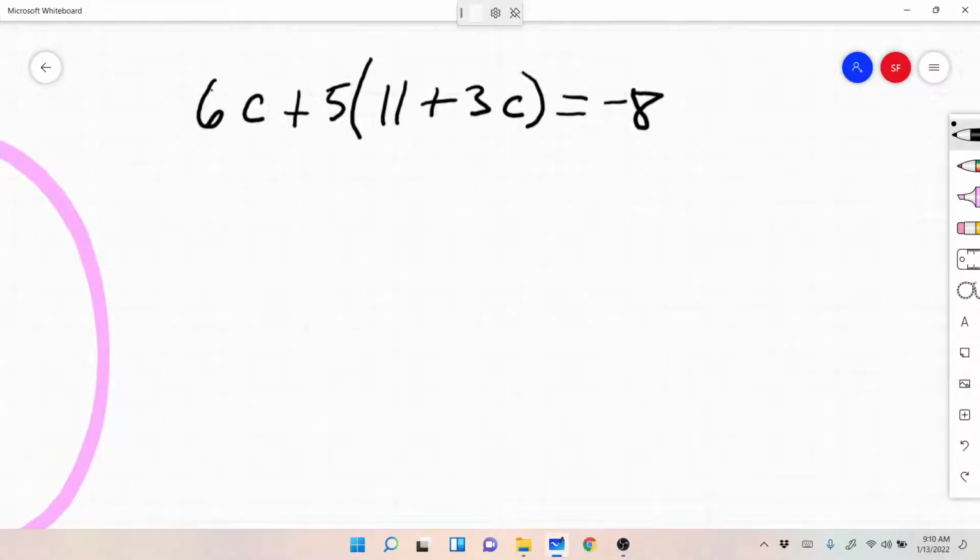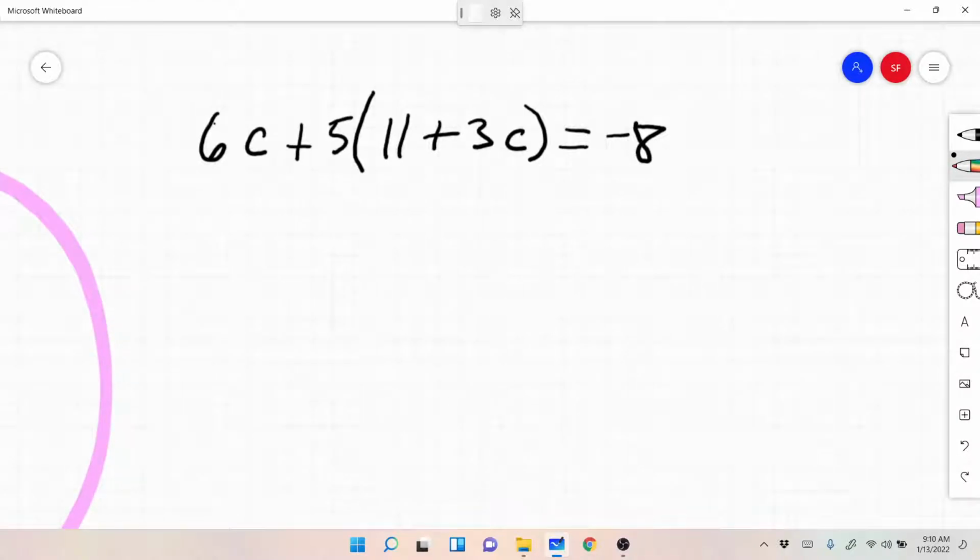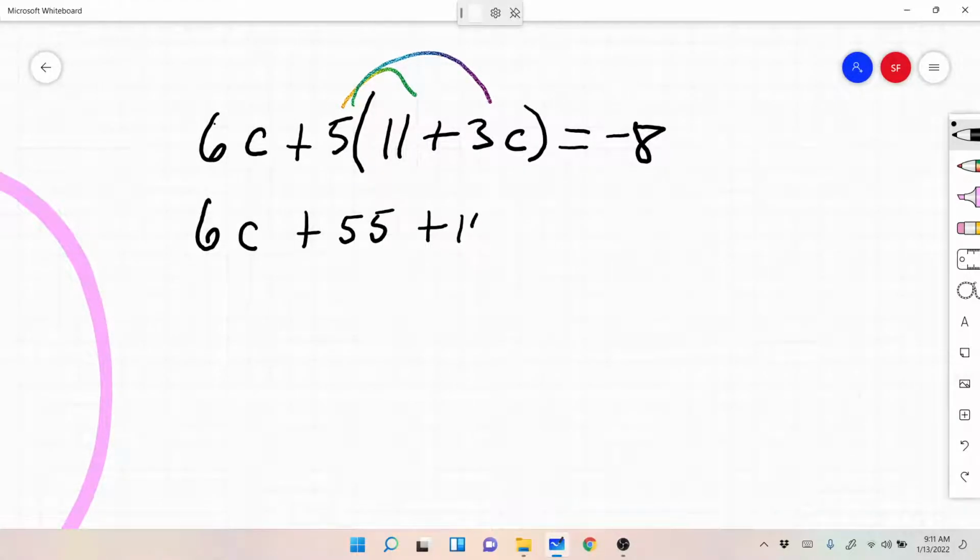Now what? Distribute that 5. 55 plus 15C. Don't forget to bring down the 6C, right? Plus 55 plus 15C equals negative 8. True facts. Now what?